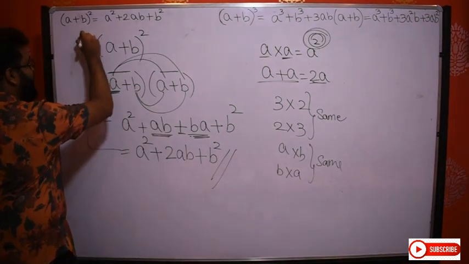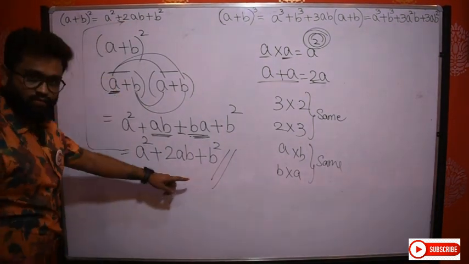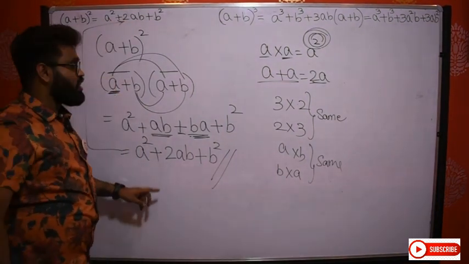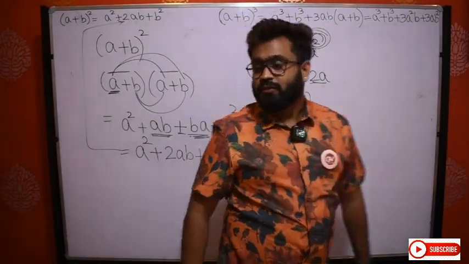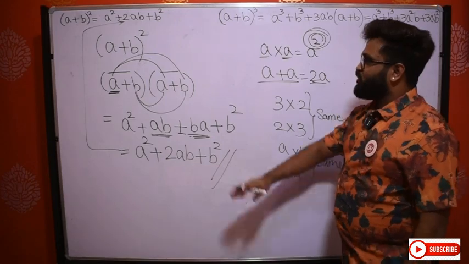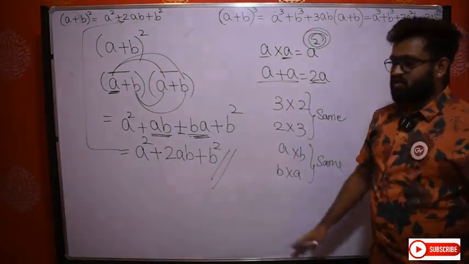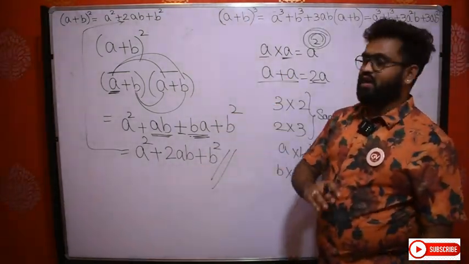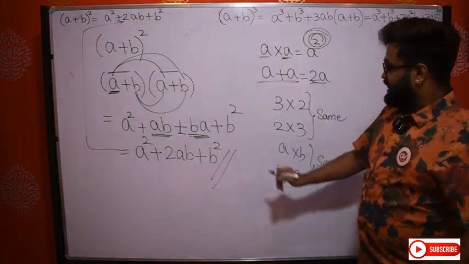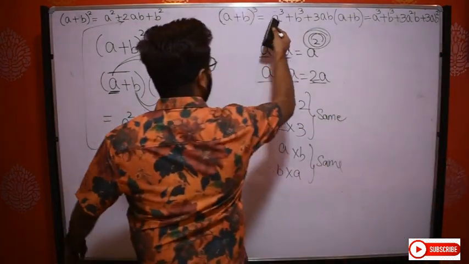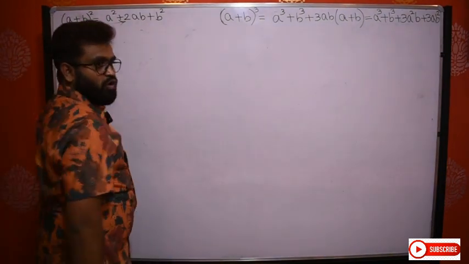This is the way we have found the formula, and this is what we use in all our equations to solve problems. You need not mug up, just keep the procedure so that you can easily understand how the identity has been derived.